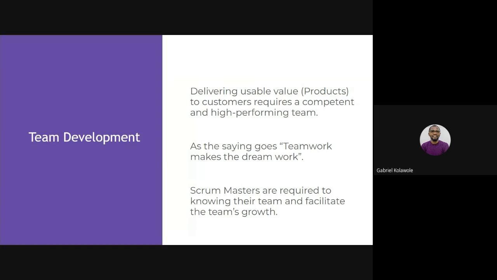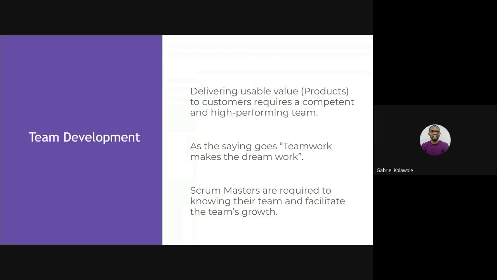The product owner is part of the team. And we have a sub team called the development team, which refers to the developers. You can talk about your front end guy, your back end guy, QAs when you have QAs, the DevOps. All of them together can be categorized as the development team. So please let's not forget we have the Scrum Master, the product owner, then the development team. Now this team passes through different stages.